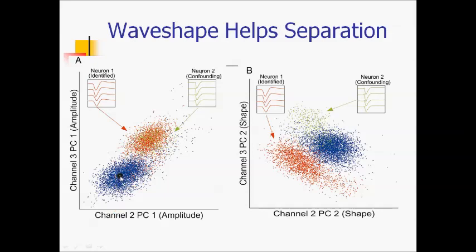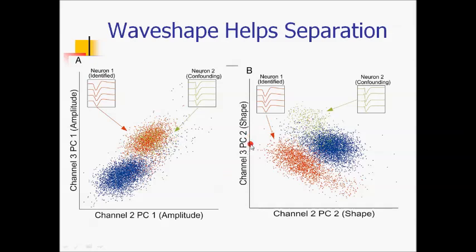This neuron probably has low amplitude spikes, and here are two neurons with pretty similar amplitudes at channel 1, channel 2 and channel 3. So in this case, these points overlap between neuron 1 and neuron 2.